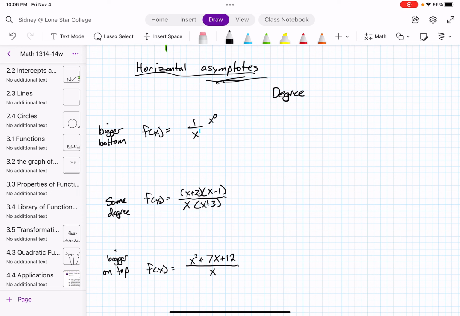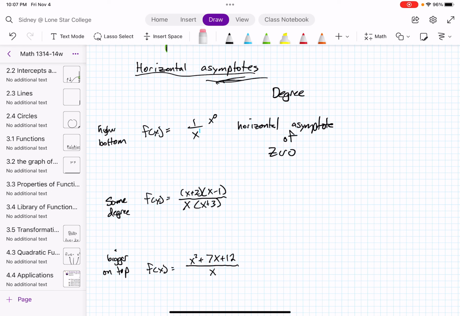So if the higher degree is on the bottom, it has a horizontal asymptote of 0.